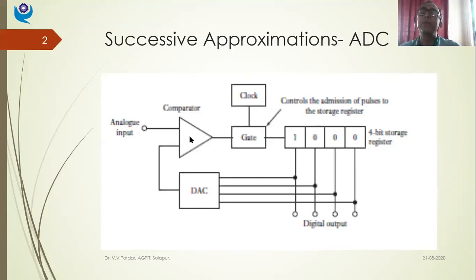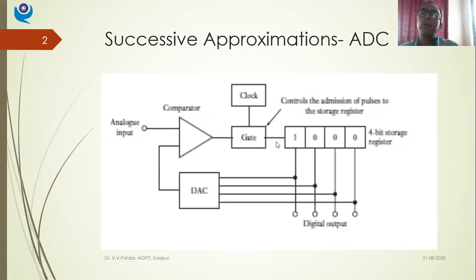Once the signal becomes equal to or greater than the analog signal, this gate will be opened. Once this gate is opened, this gate is closed. So the clock will be stopped, or the clock gate is closed. And what will happen? Through this gate, the analog signal will be converted directly into my digital form. And at that moment, that will be my true representation of my analog signal.